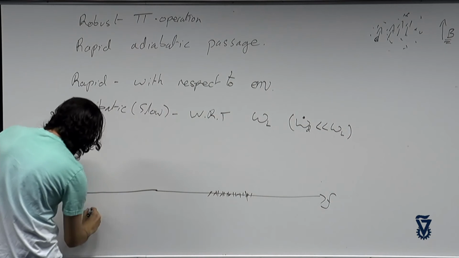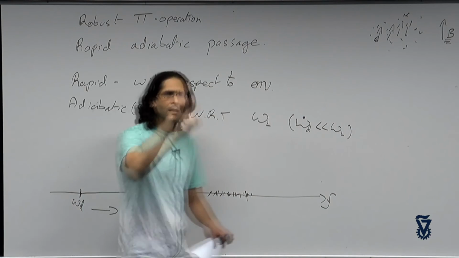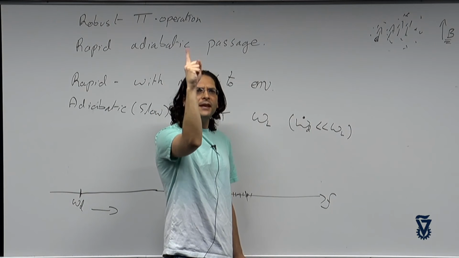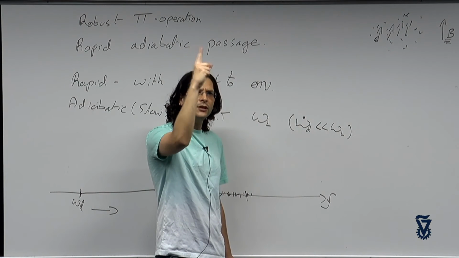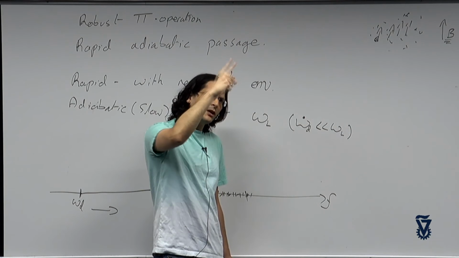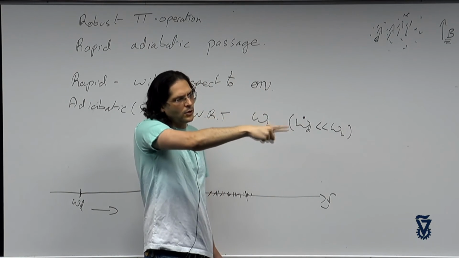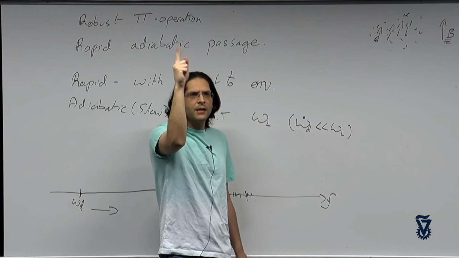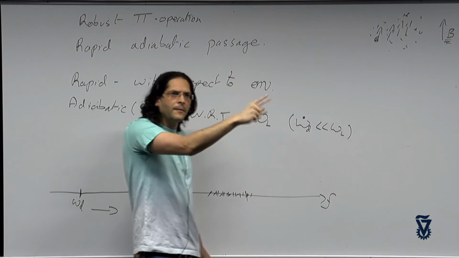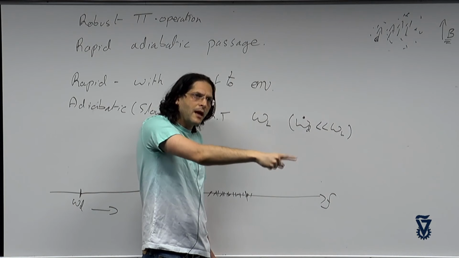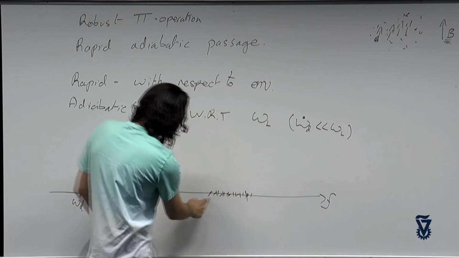And now we start scanning omega drive very slowly. And what's going to happen is, this rotation is going to start turning slowly into this rotation, and basically these slow rotations are going to cause the magnetic moment to follow our effective field. Okay? And what I'm describing here is the dynamics of each of these.